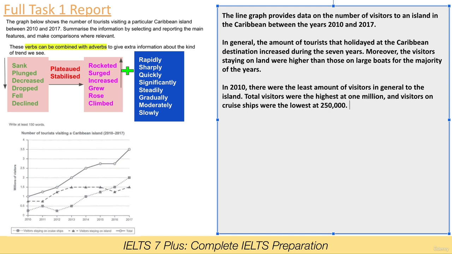Okay, so let's have a look. The figures increased for total and on land by 2012. However, in 2012, cruise ships fell. Okay, so we can discuss that. Figures or numbers increased.